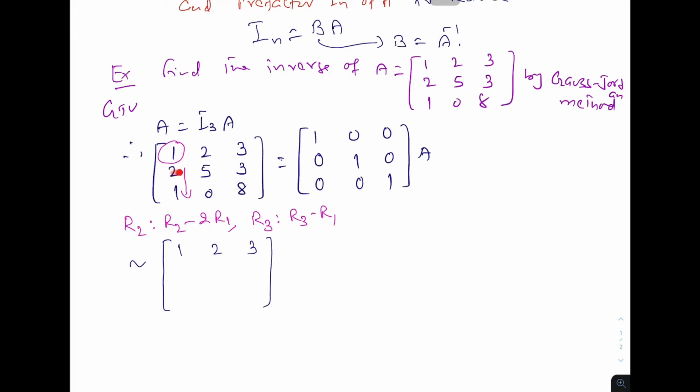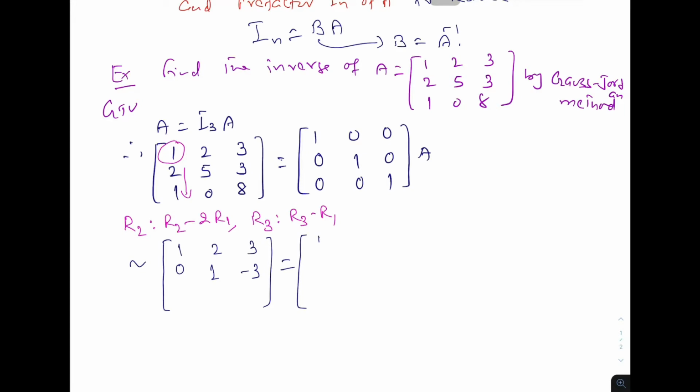Now multiply minus 2 every element of first row, minus 2, and then add in the second row. So this is minus 2 plus 2, 0. Then minus 4 plus 5, it is 1. Then minus 6 plus 3, so that is minus 3.